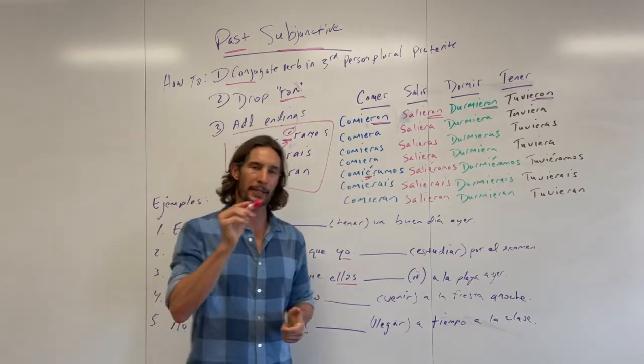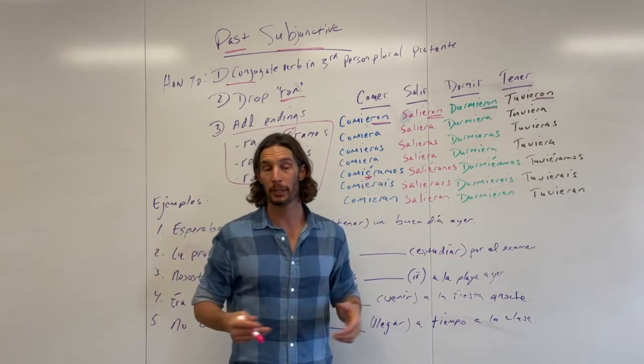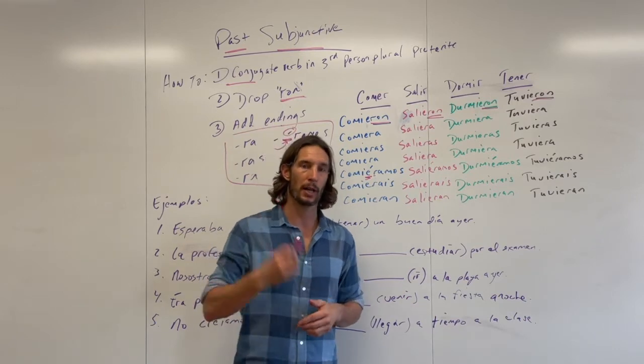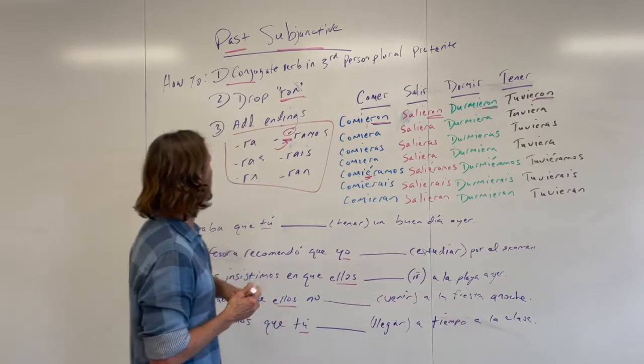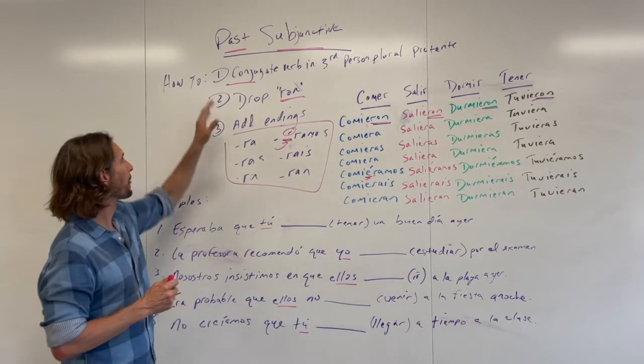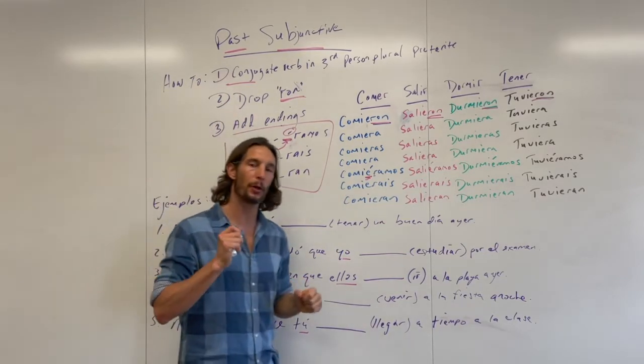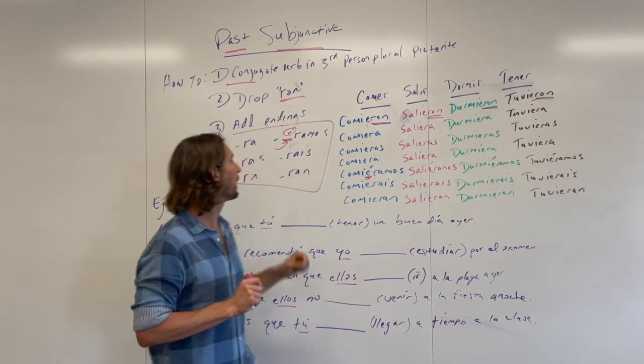But like I said, we'll run through these verbs so you can really see what it looks like when you conjugate the verb in the past subjunctive. And so, just really quickly once more, step 1, conjugate the verb in the third person plural preterite.